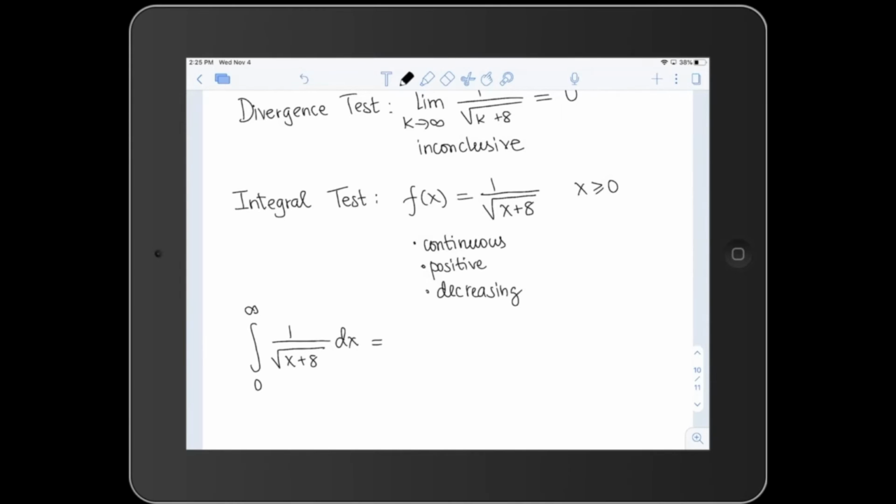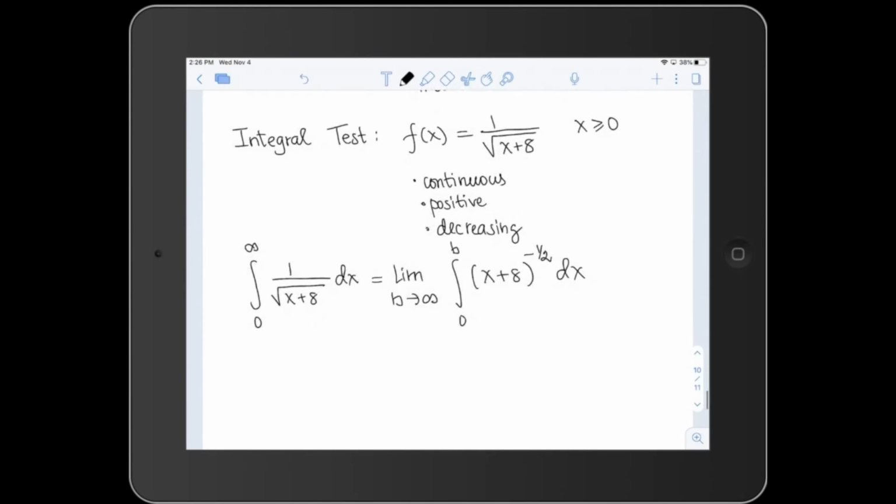Again, this is an improper integral. We've dealt with this concept before. Set up our limit, b goes to infinity, from 0 to b, that's the integral. Let me rewrite this as (x plus 8) to the -1/2 dx. Now this integral is straightforward.